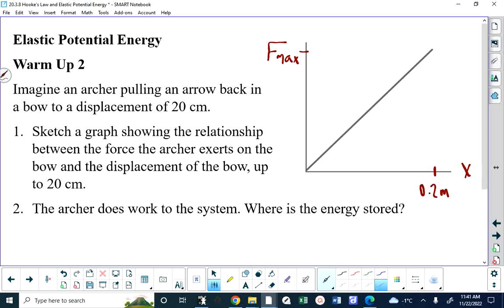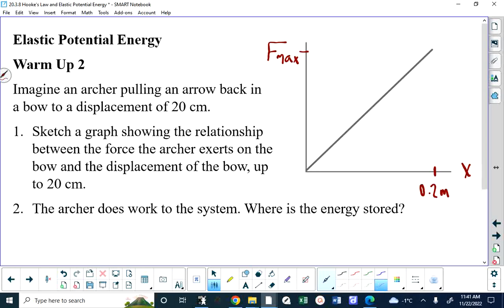It's the force required in holding the bow in that position. If you look at the force needed to hold it at 18 centimeters, it's less than that force. So this force, whatever it is at the top, is not an average force. It's the maximum force. Okay.